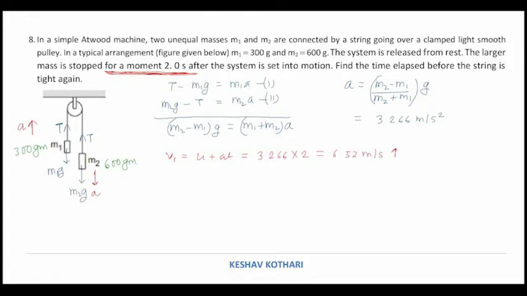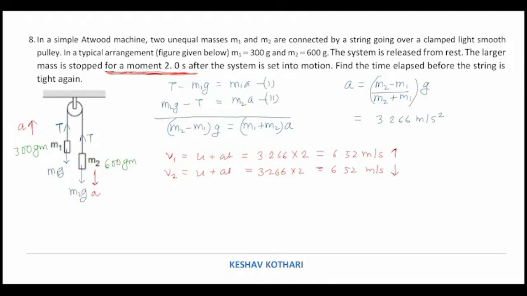Similarly, for v2 we get the same calculation, 3.266 into 2, which is equal to 6.52 meter per second, but in the downward direction. The only difference is that the two masses move opposite to each other.